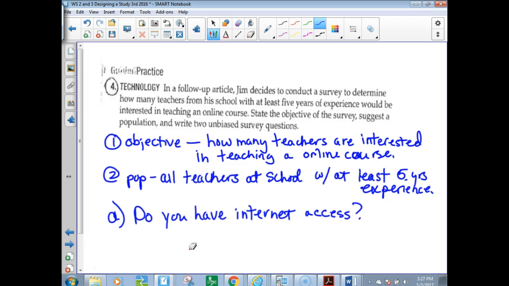Okay, at least. Anything else? Oh, they're not going to take them. They're going to teach them. Okay, if offered, would you be interested in teaching one? Yep. I like the if offered even.